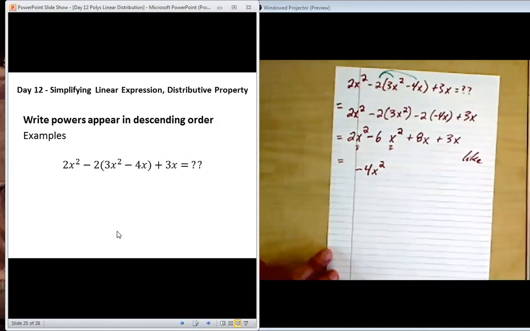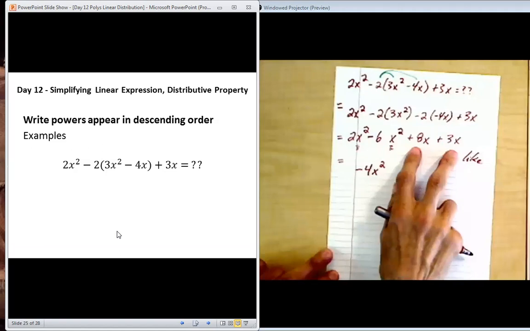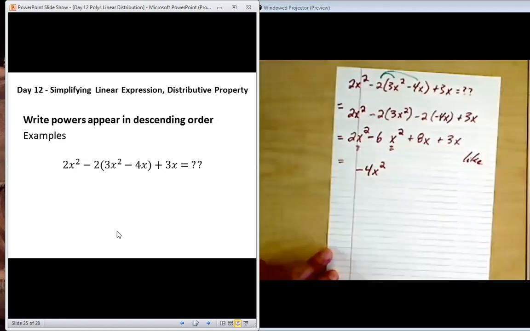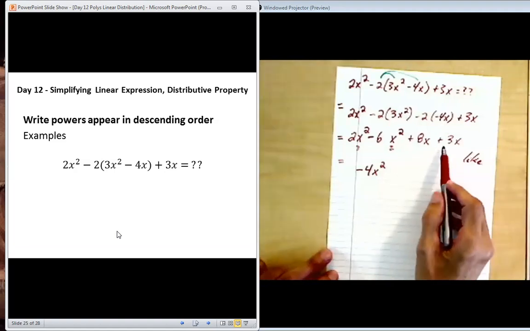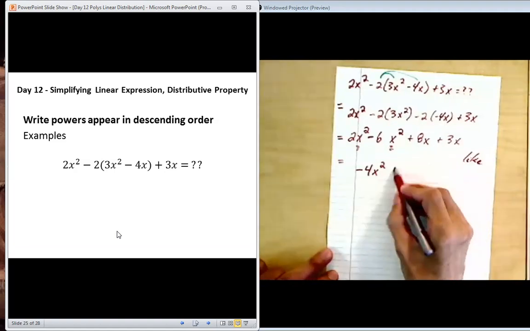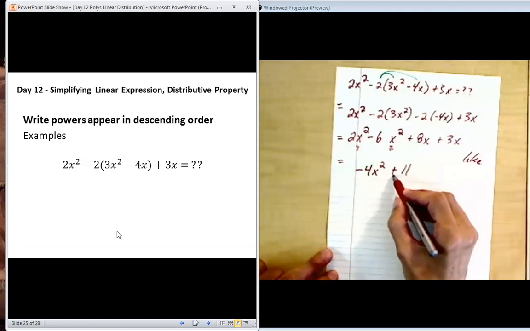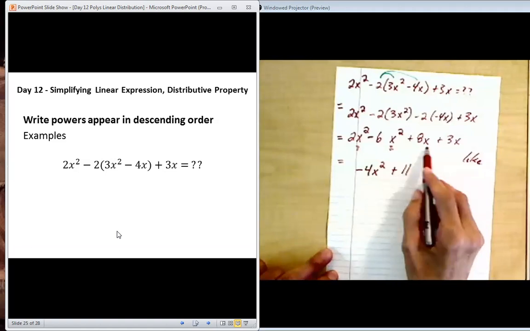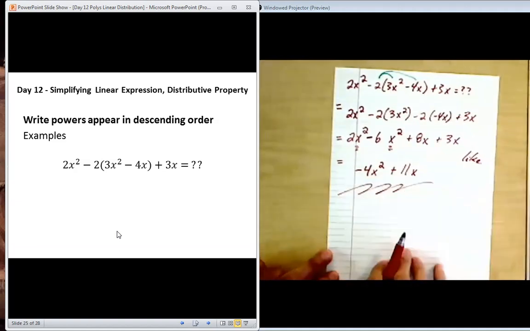Very good. Final piece right here. 8 plus 3, that's what we're looking at. Nice. It's going to be 11. It will be plus, and then stays as x. Just like that.